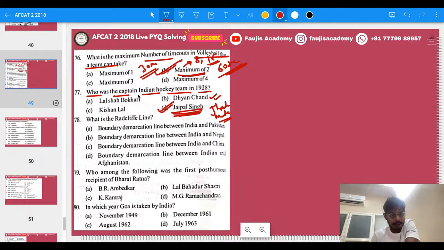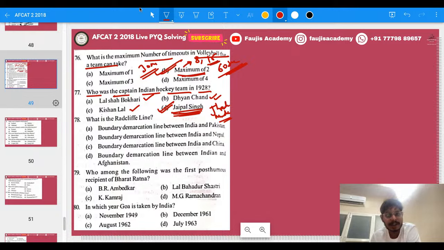In fact, Lal Shah Bukhari, Dhyan Chand and others also went on to become the team captain later on, but in 1928 it was Jaipal Singh.